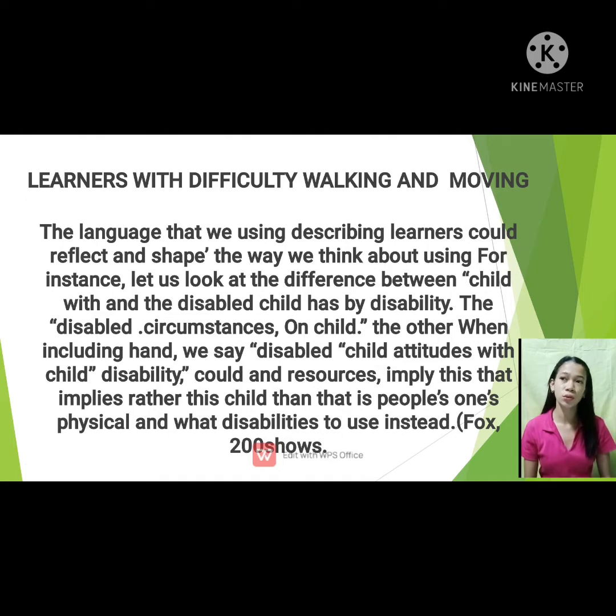According to Facts 2000, this part talks about how the language that we are using can also be part of how learners will reflect and shape the way we think.